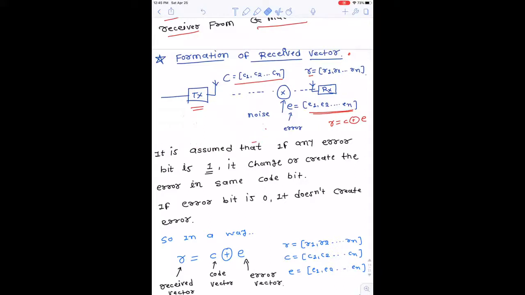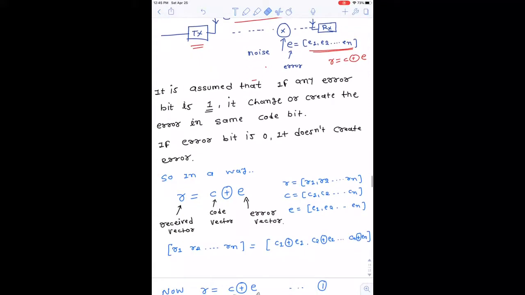A very important part here is that in the error vector we have to identify the bits which have magnitude 1, which create errors. It is assumed that if an error bit is 1, it changes or creates an error in the same code bit.